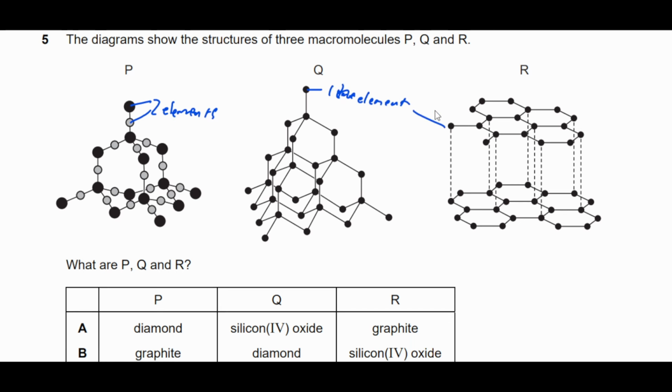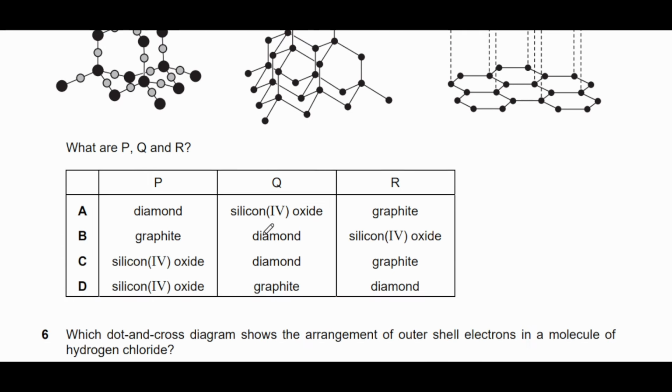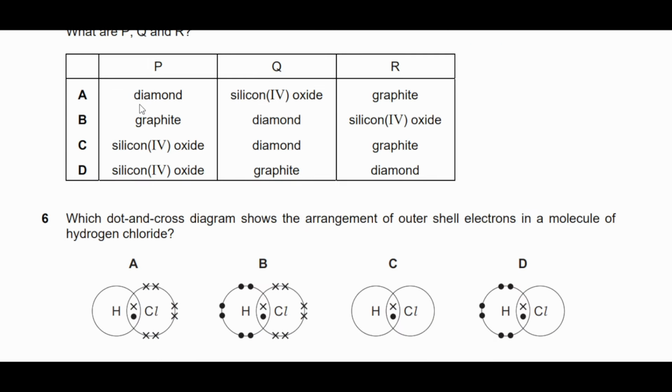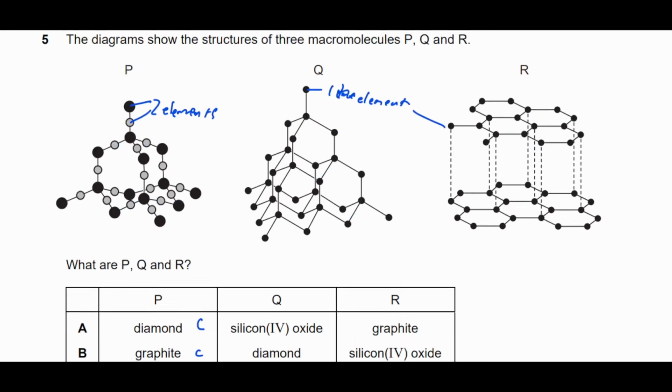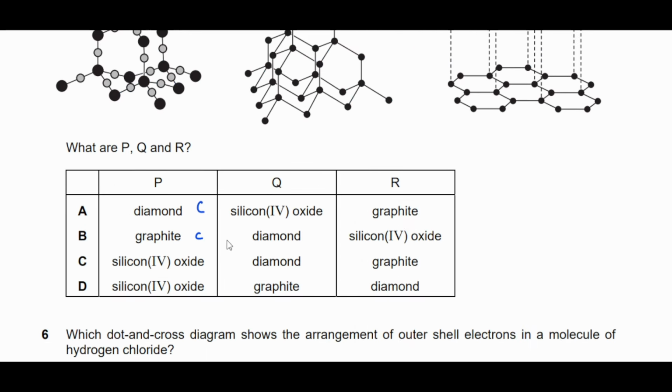Naturally, since diamond and graphite are both made of carbon, P has to be silicon oxide because it's the only molecule here that has two different elements. So A and B are wrong. It's either C or D.